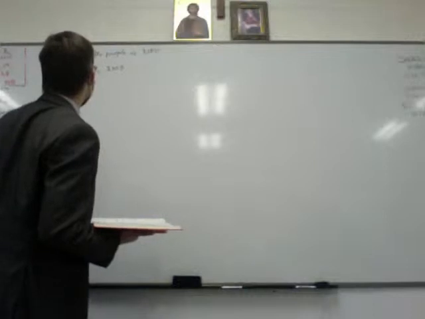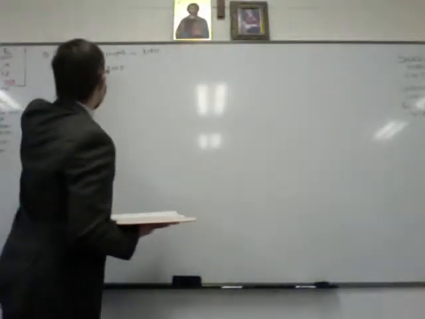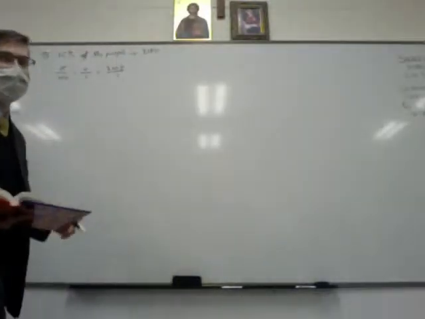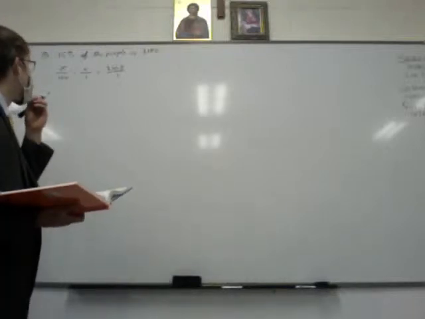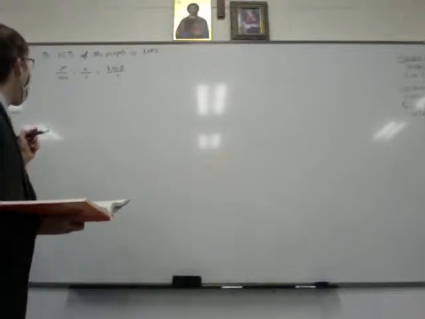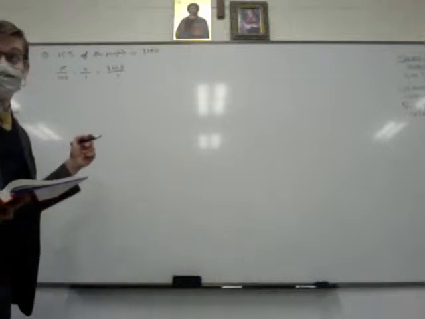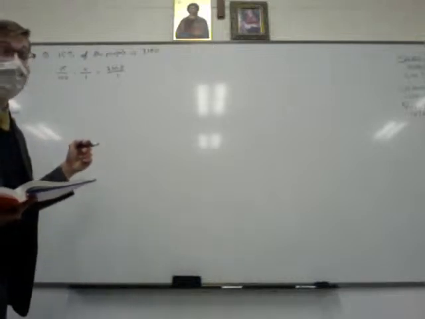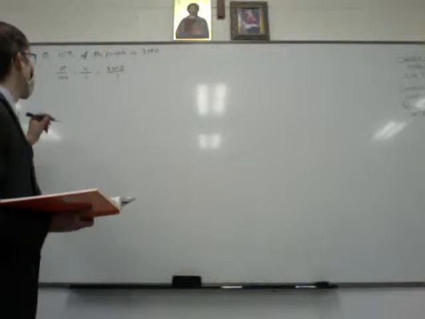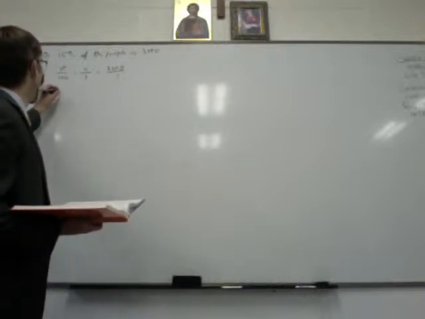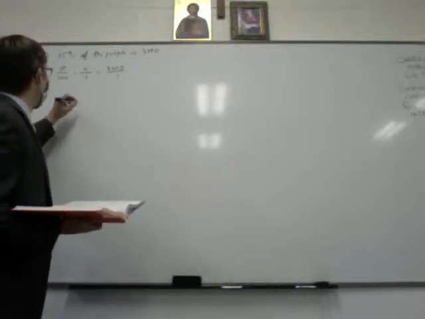What do we do first here? Before we do any multiplication, simplify. What can we simplify here? 15 and 100. 15 over 100, what's an easier way to write that? Divided by 5.